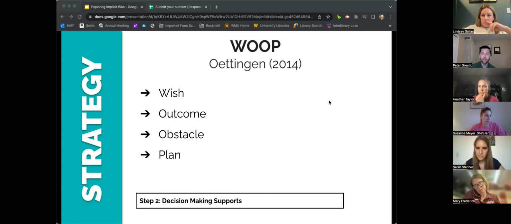And also, let's be real, whether we like it or not, lots of our math students come to our class stressed out about math, right? So this is another tool that we can give them to help them alleviate some of the implicit biases that are infiltrating their decision-making as well.